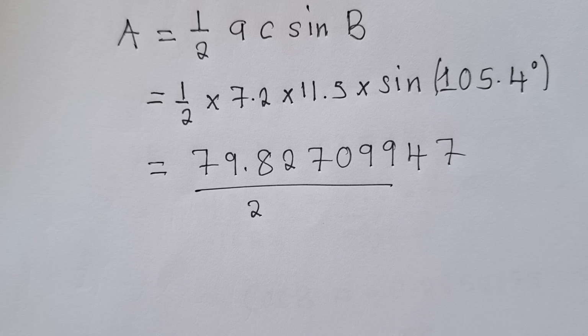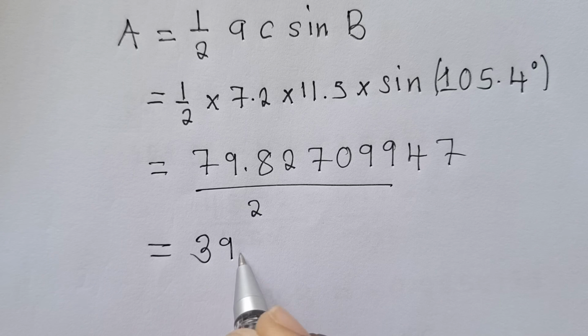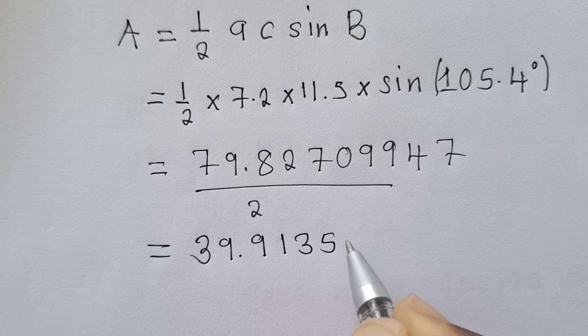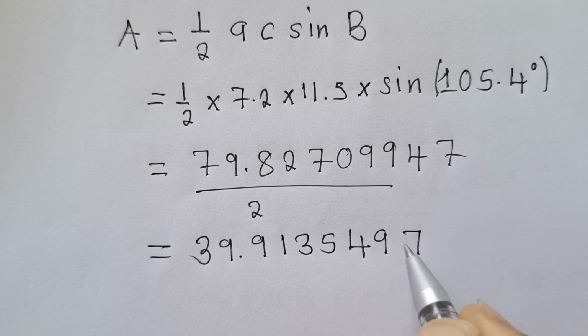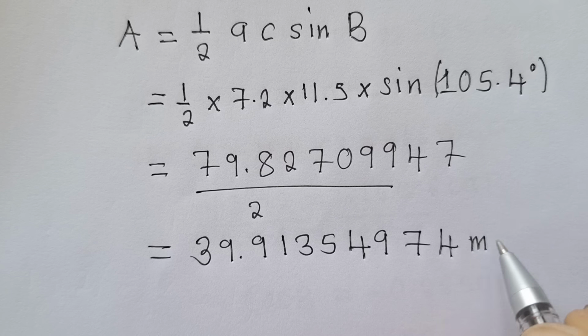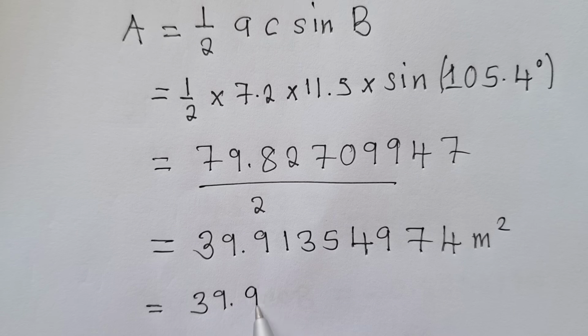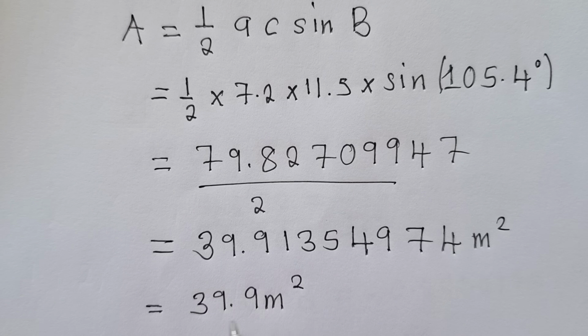When you divide by 2, of course you're getting your answer to be equal to 39.9135497 meters squared. So you can write it in 3 significant figures. It will be 39.9 meters squared. So this is our answer.